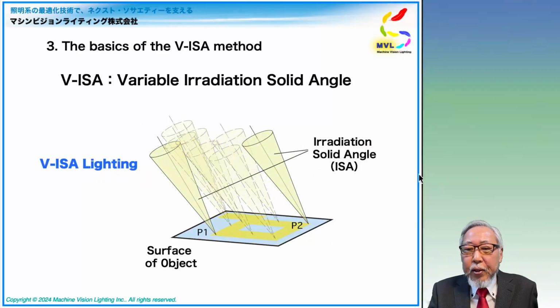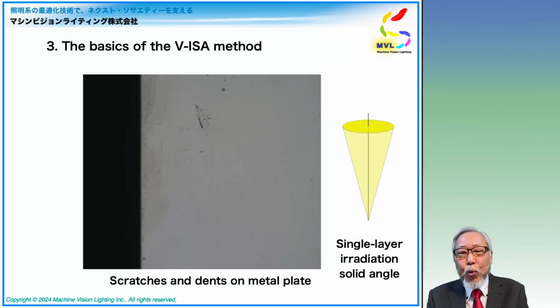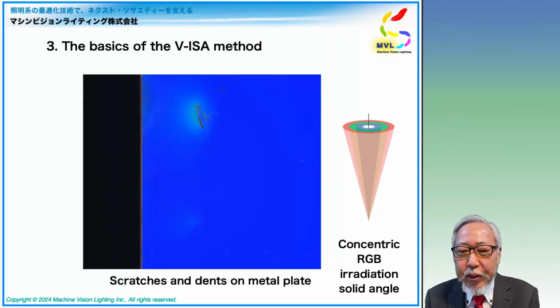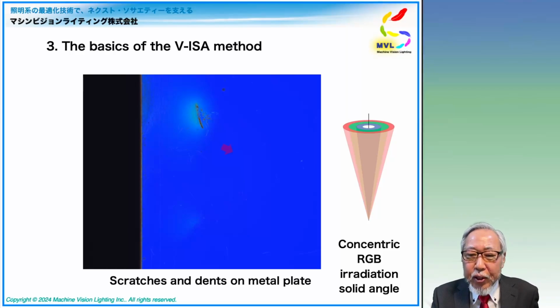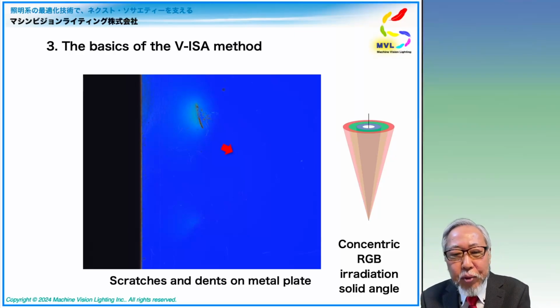By contrast, if you use the Visa method to make the irradiation solid angle the same at every point, the shiny metal from earlier will look like paper. You can easily get quantitative images. This is the edge of the mirror, and this is the scratch. If you change the content of the irradiation solid angle to concentric RGB cycles, a flat surface will be blue, and if it is indented, you can change the RGB ratio.